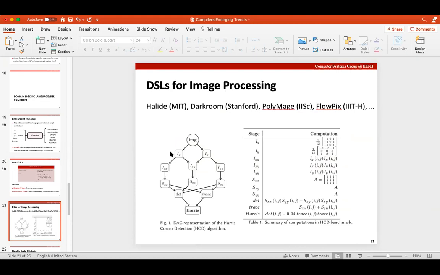I will not go through all of this, but here you take an image, and this is what is called an image processing pipeline. In stage IX, you apply some kind of filter on the image, and in stage IY, you apply some other filter on it. Like that, the image moves through this directed acyclic graph of stages, and at every stage, you do either a point-wise computation or a stencil computation.